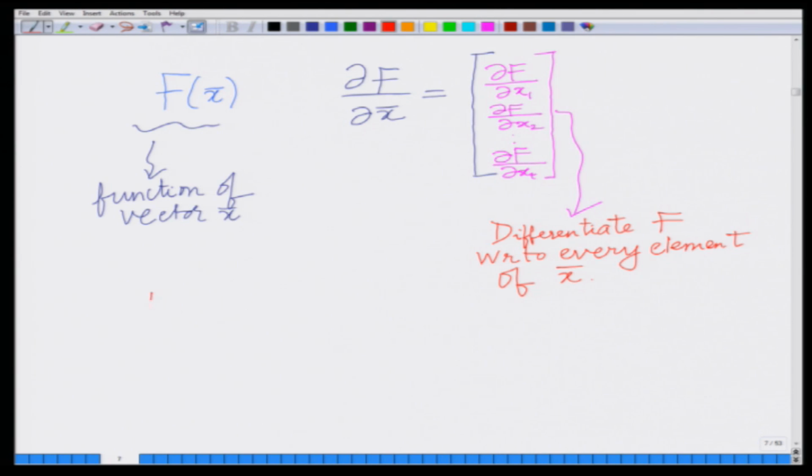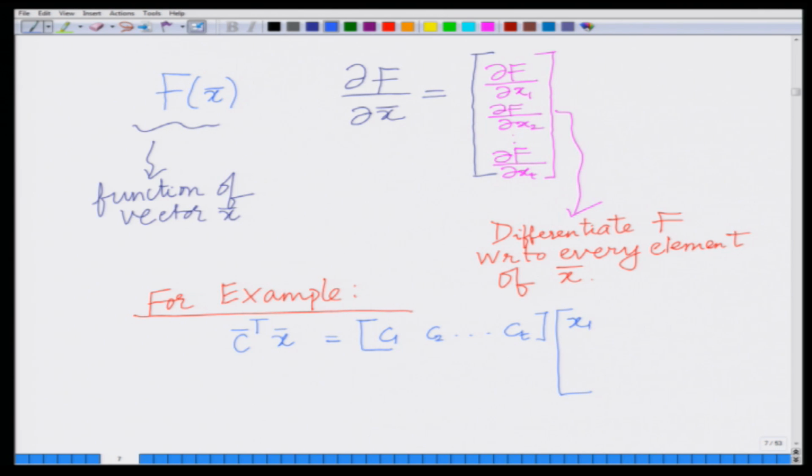For example, let us consider this simple example which is c bar transpose x bar, which is the row vector c1 c2 through ct times x1 x2 through xt, which is basically equal to c1 x1 plus c2 x2 plus so on until ct xt.